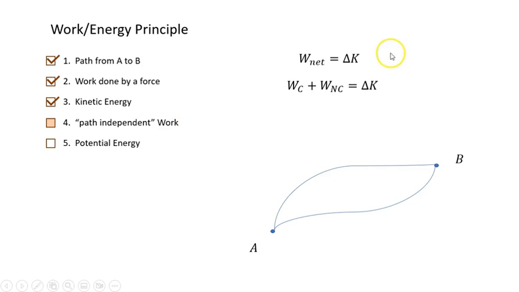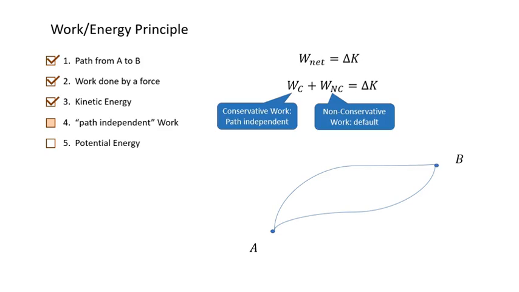And so what we do is net work can be split up into conservative work, which is path independent work, and the default non-conservative. In other words, all work is non-conservative. It depends on the path. That's the default, that's work. But the special case of conservative work is when it actually turns out that the work didn't depend on path.